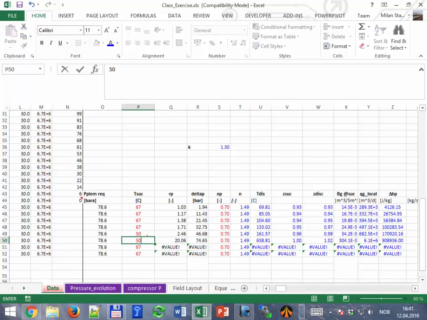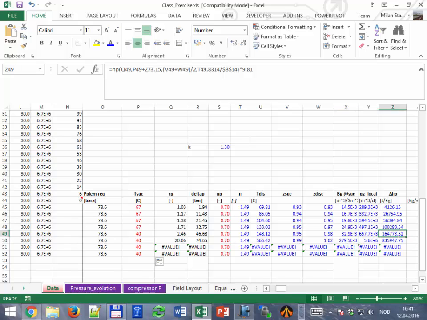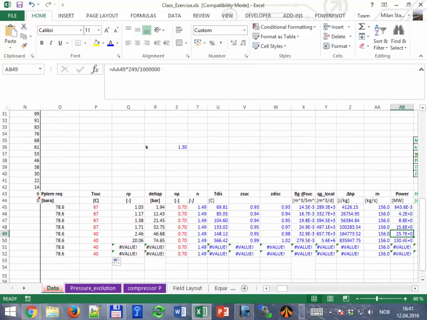And then probably I will need the cooler after that. 40, okay. Let's see if the temperature changes. The temperature here is now within the range, but this temperature is still out. Let's see the power. Okay, 25, still too high.